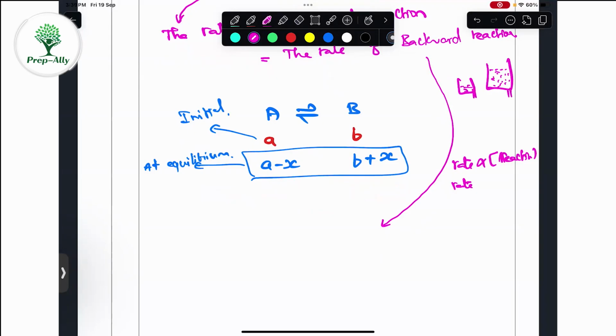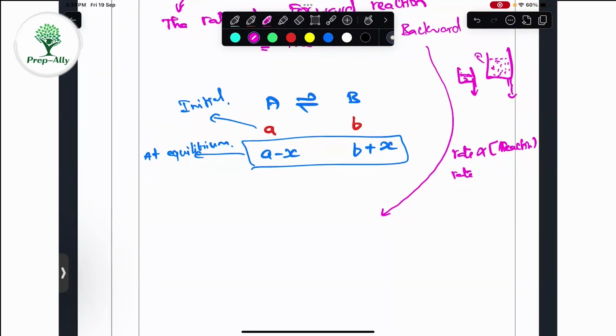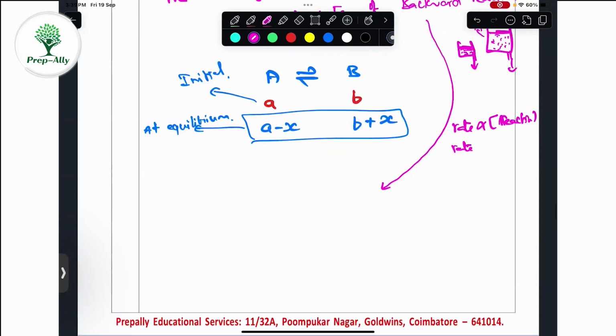When you open these two parts, the one with more concentration will come faster. The one with less amount will come slow, right? So rate is directly proportional to the concentration that the reactant is having. So rate is directly proportional to K into reactant concentration.